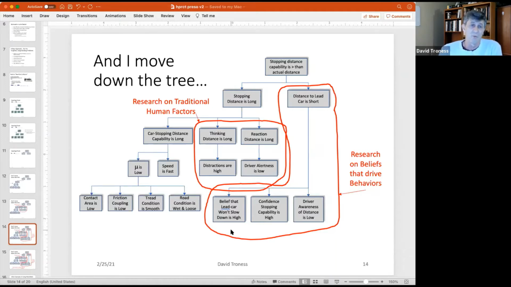And whatever happens, I'm sure I'm going to be able to stop quickly enough. So there's this perhaps false confidence in your ability there. And then another one is just the ability of the person to judge distance between themselves and the car ahead of them, and whether or not that distance is closing or getting longer and so on.